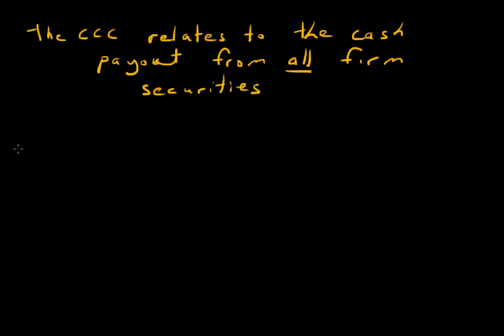We can see that in the following relationship. If we take all the cash being received by debt holders in period T, and add the cash being received by all equity holders, the residual, because the equity holders get the right to the residual cash, that must equal all the cash produced by the assets in that period, plus the tax savings from the interest payments. This is your tax shield.